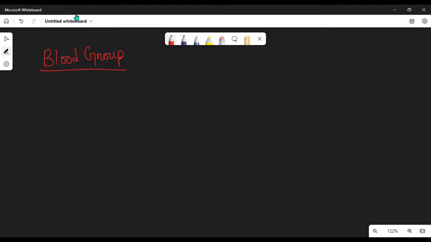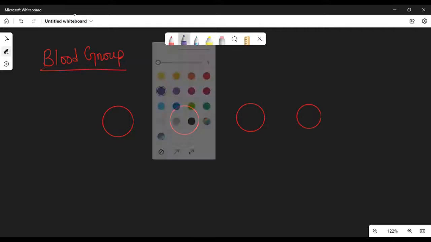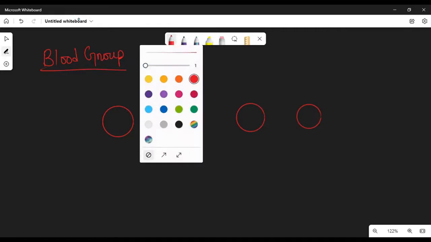So for blood there are four types of blood basically. This is blood. This is four types of blood. And blood has two very special things belonging to them.